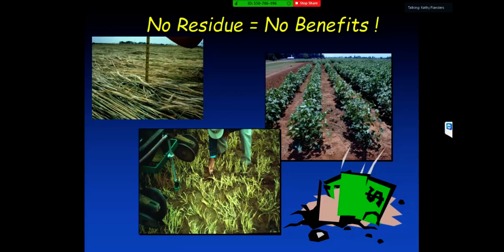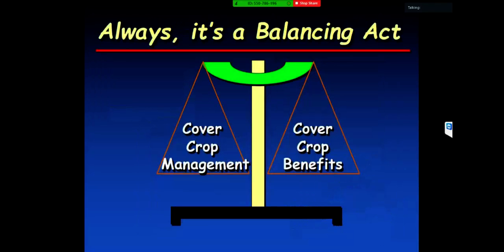It's not going to do any shading of the soil surface, as compared to the upper left, where a good heavy rye cover crop, stemming, is going to be there a while, all the way through the fall. So we can maximize the benefits of it rather than just throw money down the hole. But as I mentioned in the beginning, it's always a balancing act: the cover crop management, particularly as it affects the cash crop versus the cover crop benefits.